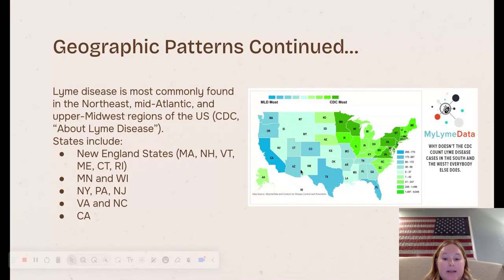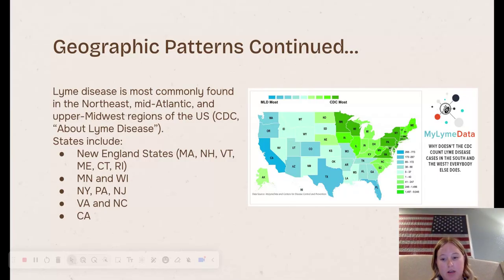So more specifically in the United States, the map here on the right-hand side highlights states such as Massachusetts, New Hampshire, Vermont, Maine, Connecticut, Rhode Island, New York, Pennsylvania, New Jersey, Virginia, North Carolina, California.